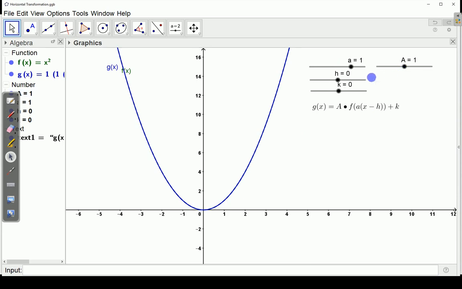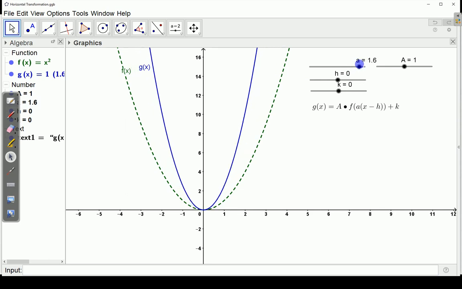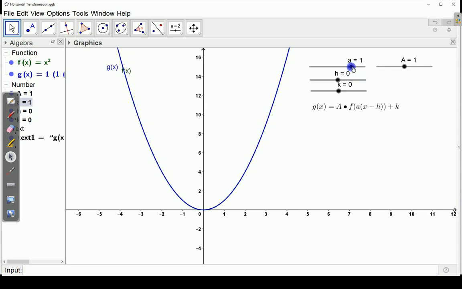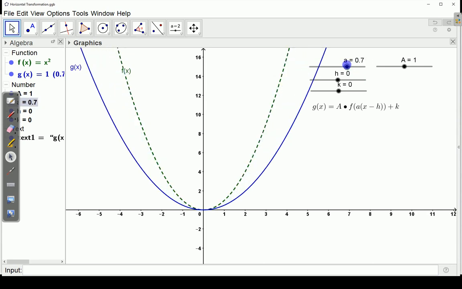Now it's time for the one we don't know. The horizontal. So now we're thinking horizontally. If I make a bigger than 1, you can see that we now have a horizontal shrink. It's being brought in towards the y-axis. And if I make a less than 1, we are being stretched out.